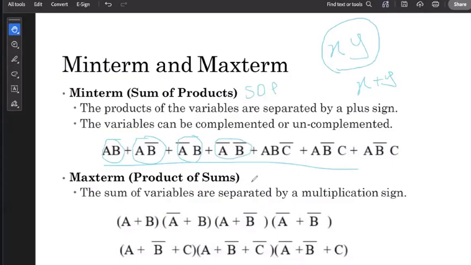And again, it is going to be the other way if we write. So you can see within the brackets, if we have the sum, and if they are multiplied by one another, they are called product of sum. Have a look.